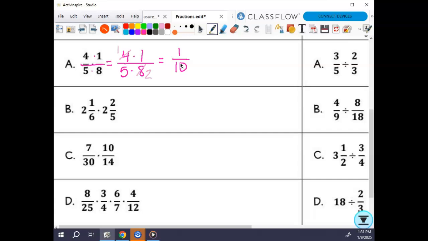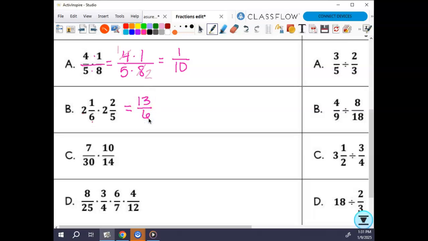Which also tells me that maybe when we added and subtracted, we should have made these into improper fractions so we don't start making up math. Because here you have to. I cannot leave them like this. I do not need a common denominator, but I cannot have mixed numbers. So I'm going to change 2 and 1/6. I multiply 2 times 6, that's 12, plus 1 gives me 13 over 6.